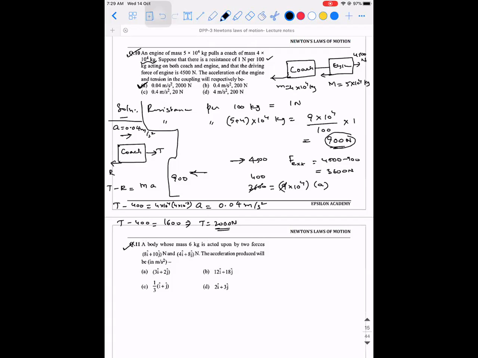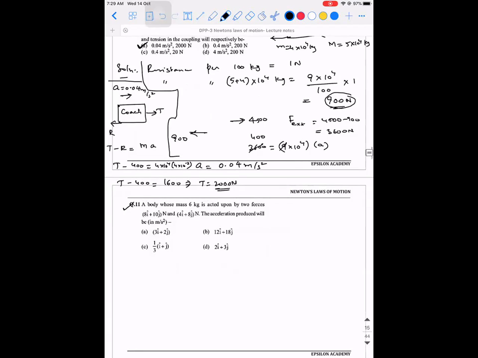It should have been done by now. What is the answer? So there is an object of mass 6 kg which is acted upon by two forces, 8 i cap plus 10 j cap and 4 i cap plus 8 j cap. The acceleration produced will be.